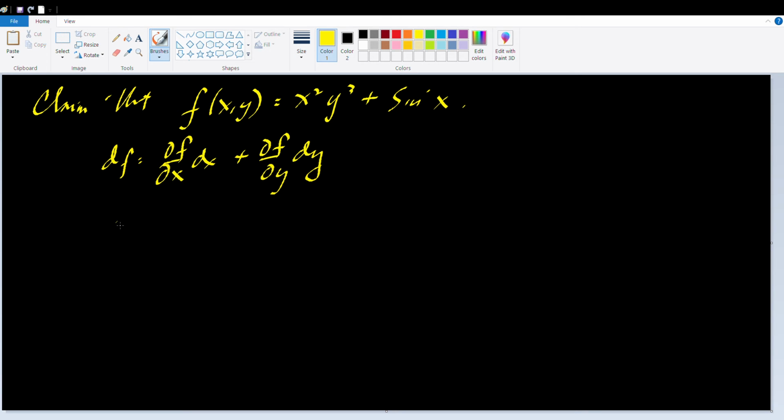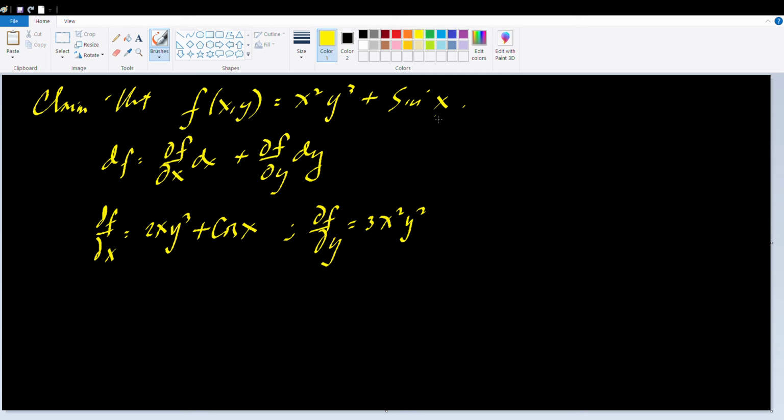So for the given function f, the partial of f with respect to x is equal to 2xy cubed plus cosine x. The partial of f with respect to y, on the other hand, is x squared times the derivative of y cubed, which is 3y squared, and sine x, being a pure function of x, is treated as a constant, so its partial derivative with respect to y is 0.